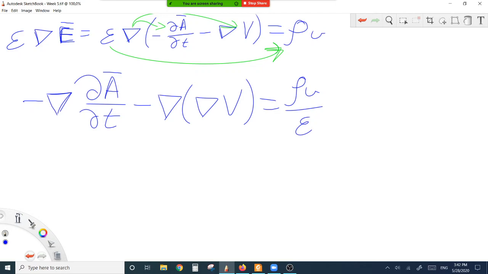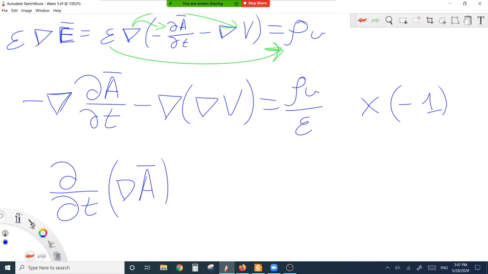Now we multiply both sides by -1, and we get the time derivative of the divergence of A plus the Laplacian of V is equal to minus rho V over epsilon.